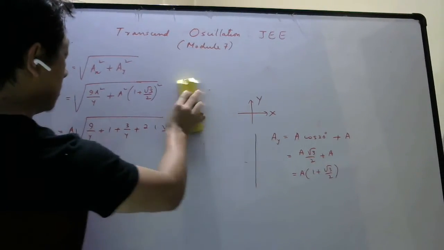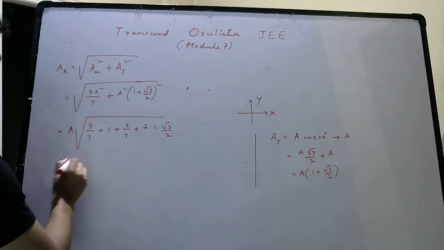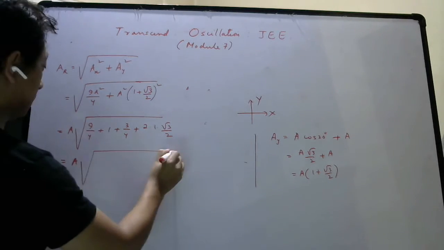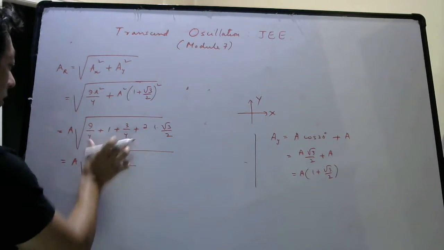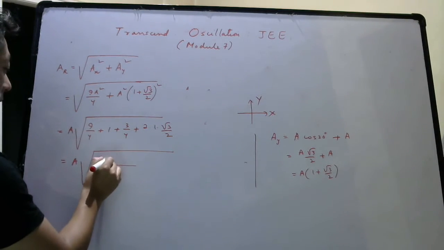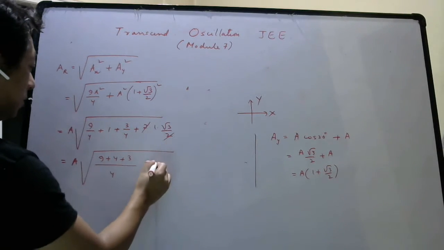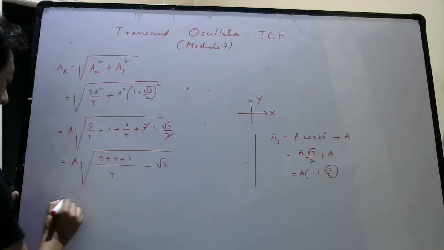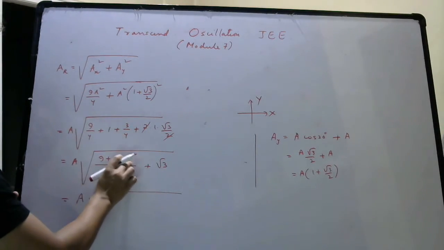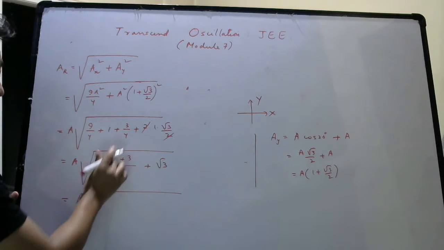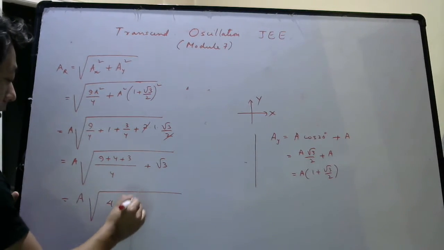So now you can just do the remaining part. This will be A root over, so this is 4. Till here I will do, okay, till here. So over 4: 9 plus 4 plus 3, plus this 2 and 2 will cancel, root 3 will be A root over 7, 7 plus 9, 16, 16 by 4 will be 4, so 4 plus root 3.